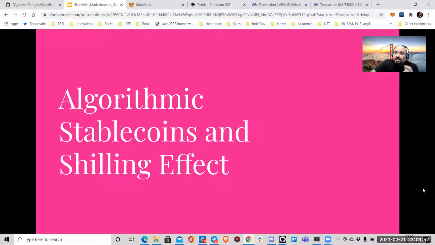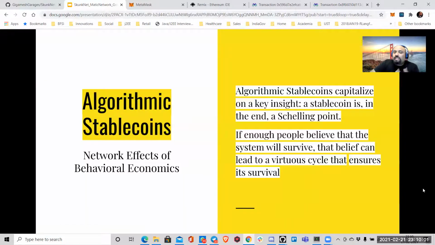We should also be aware of the fact that algorithmic stablecoins exist in a network. We should be conscious about the network economics and the shilling effect. What is the impact of shilling effect on an algorithmic stablecoin? We should understand that in a network economy like a blockchain network, a decentralized economy, there is a shilling point.